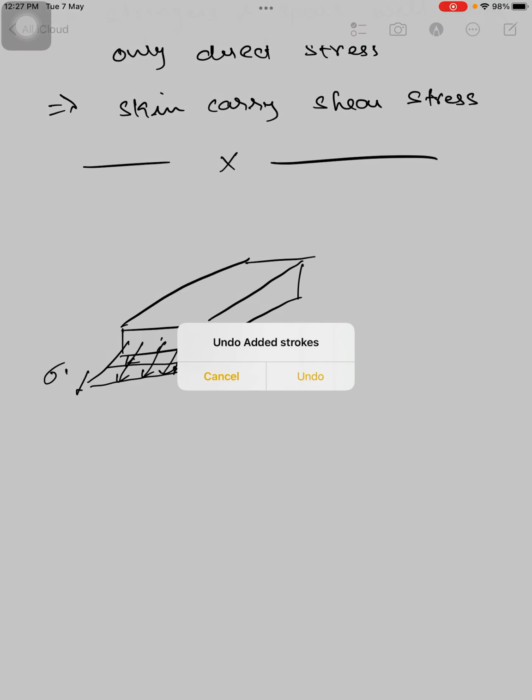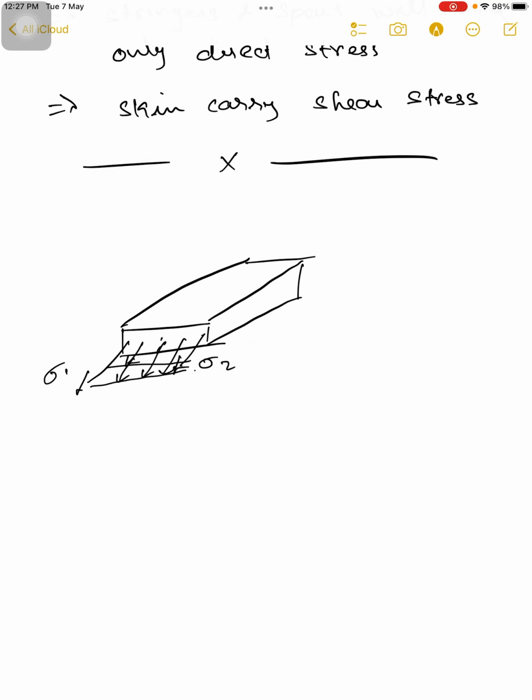Okay, the stress is varying like this, so I will redraw the stress. There are two sections, a rectangle and a triangle, with sigma 1.